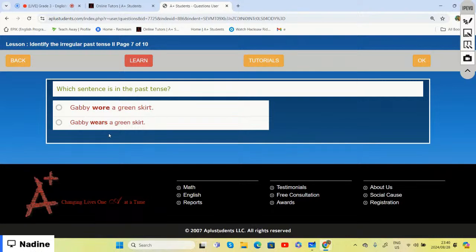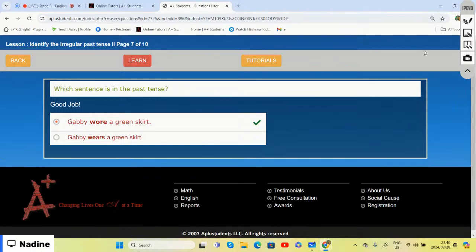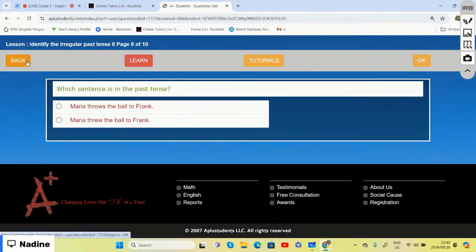And if we choose the correct irregular past tense, we will go with option one. Yes, because now instead of saying she wears a green shirt, in the past she wore a green shirt.